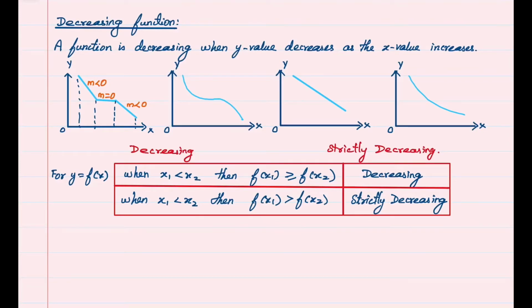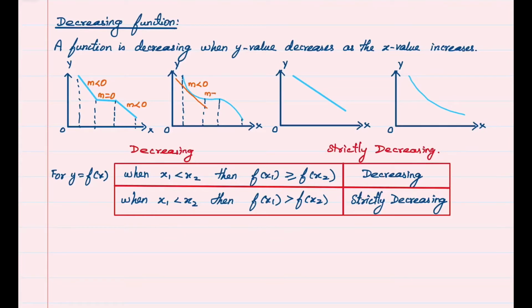Similarly, in the second figure, we will take intervals. In the first interval, if we draw a tangent at any point of this curve, the tangent makes an obtuse angle with the positive direction of x-axis. Therefore, the slope m is less than 0. And in the second interval, it becomes a constant function.